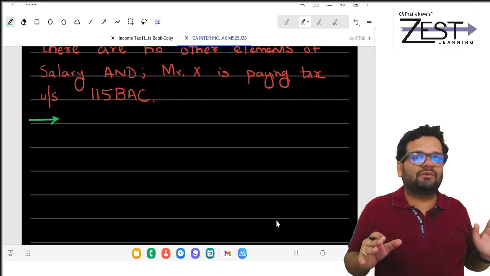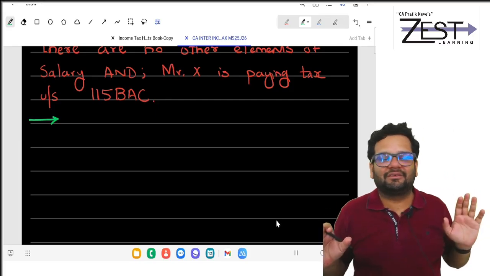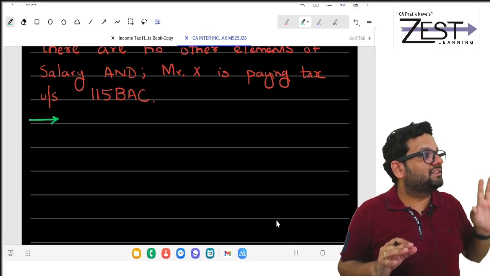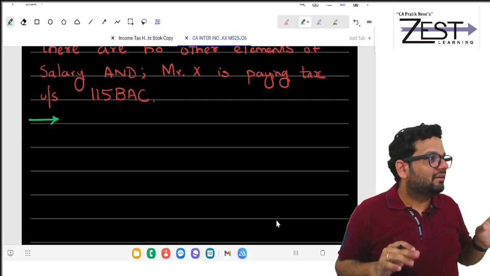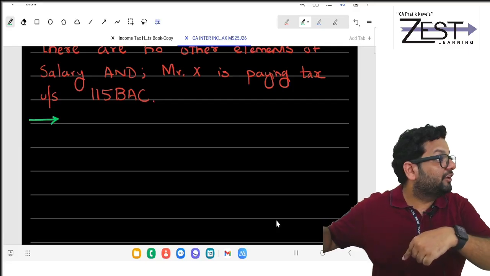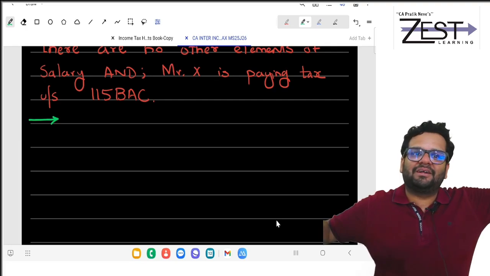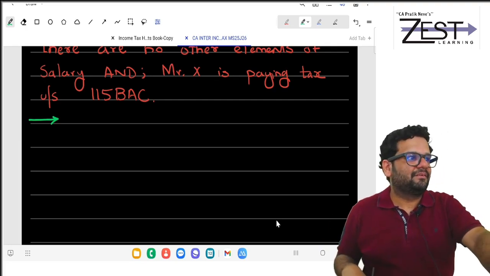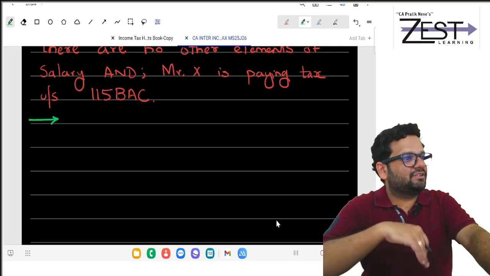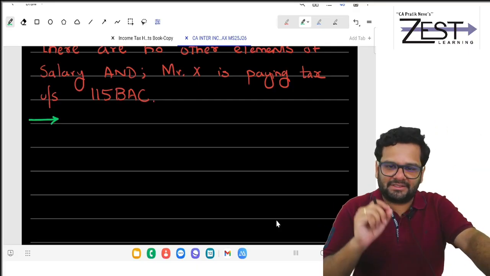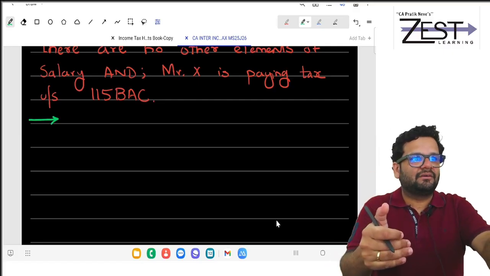That's why employees are in tension in the last month, because they have to give all these proofs. If they make a fake declaration at the start of the FY, then it is a problem at the end, because TDS will increase.